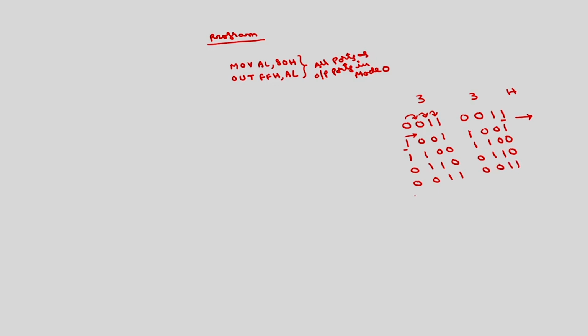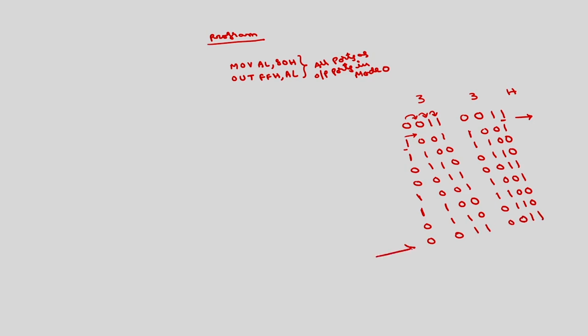Next one will be 1 0 0 1 1 0 0 1. Next one will be 1 1 0 0 1 1 0 0. The next one will be 0 1 1 0 0 1 1 0. So the next one will be 0 0 1 1 0 0 1 1.